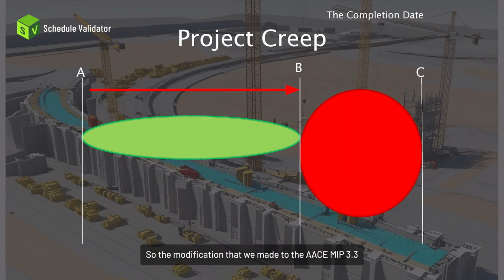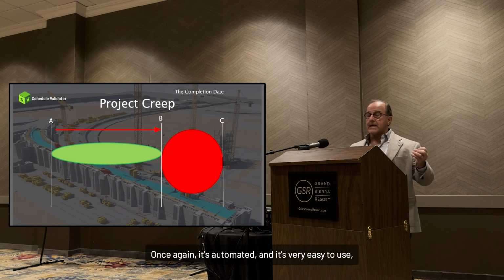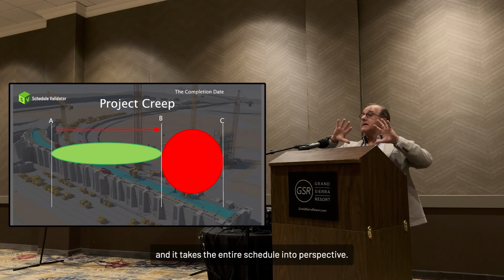The modification that we made to the AACE MIP 3.3 is that AACE is very unclear on exactly how that needs to be implemented. So we modified it and developed a very clear way to implement it. It's done in seconds.